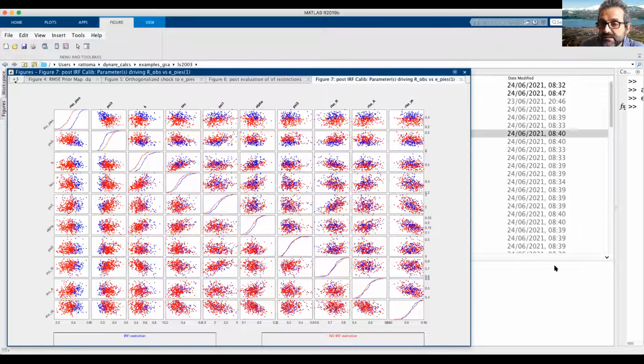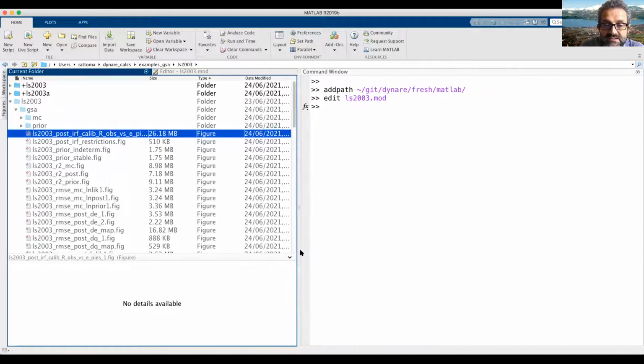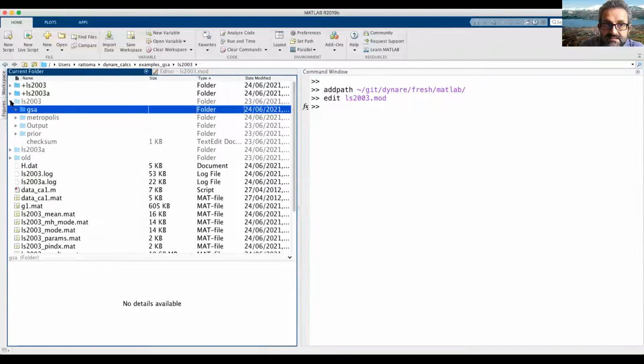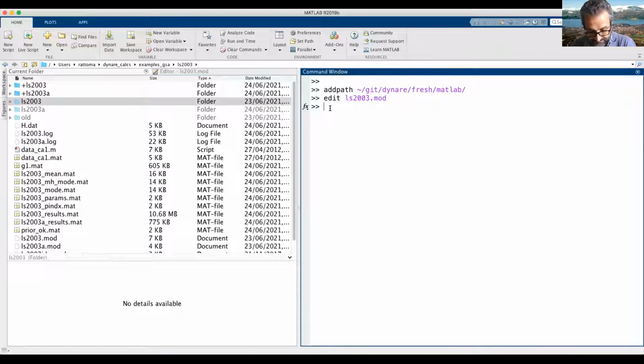Okay, maybe I can try something I should never try, but I always do it. Maybe we could check it on the fly, whether we can indeed... so we load the mode.